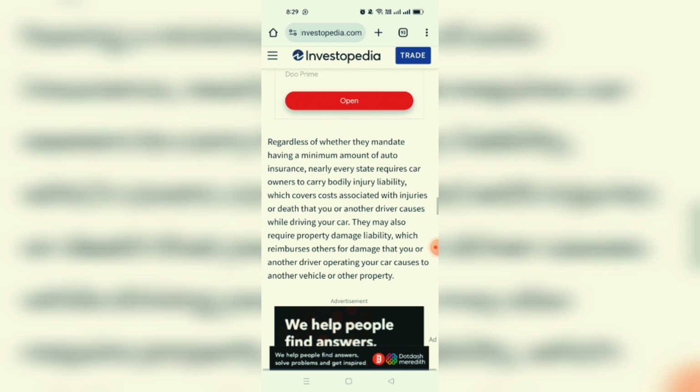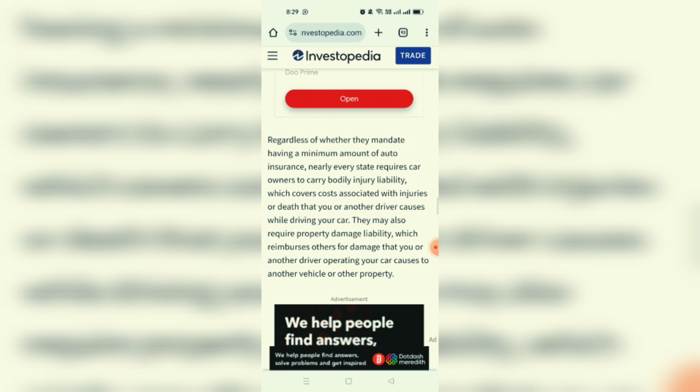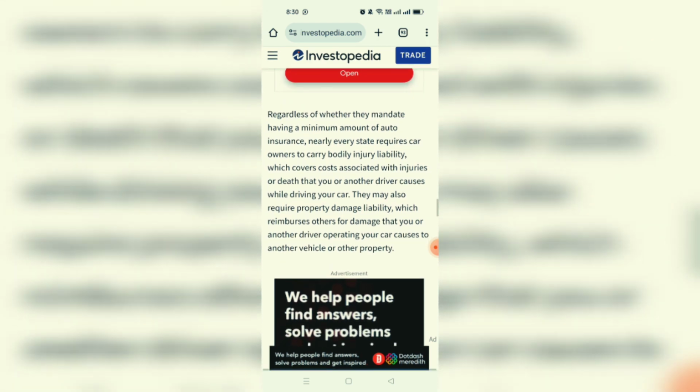Regardless of whatever the mandate, having a minimum amount of auto insurance, nearly every state requires car owners to carry bodily injury liability, which covers costs associated with injuries or death that you or another driver causes while driving a car.